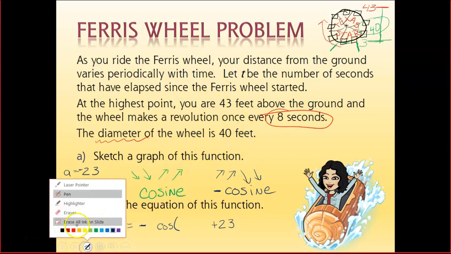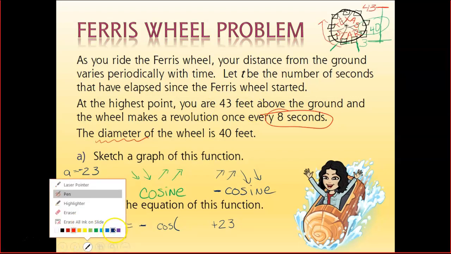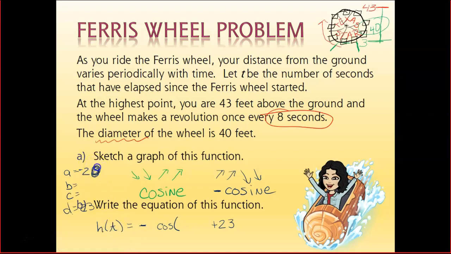The whole shebang, according to this right here, is 8 seconds. Oh, it's 20. You're right. Sorry. It's 20, not 23. Thank you, Joseph. 23 was the D. Okay, so now, this says my period is 8 seconds.